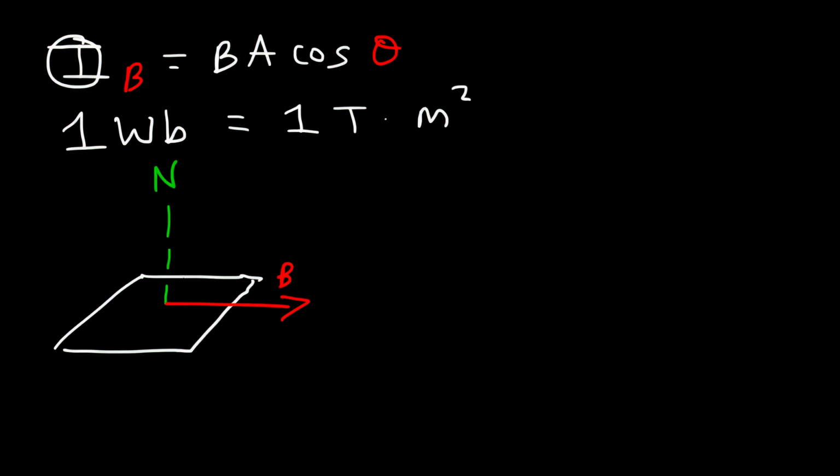The angle theta is between the normal line and the magnetic field. So the angle is 90. Cosine 90 is equal to 0. So therefore, the flux will be 0. So if the magnetic field doesn't pass through the face of the coil, if it's parallel to the face of the coil, there will be no flux. And if there's no flux, there's no induced EMF.